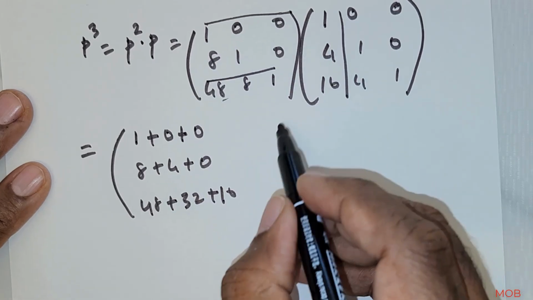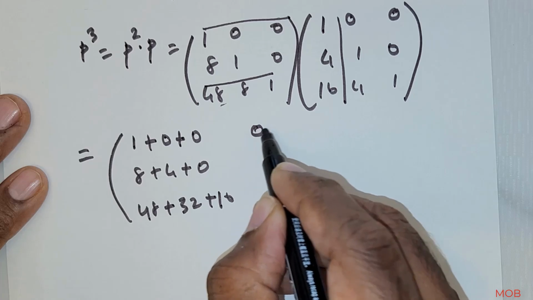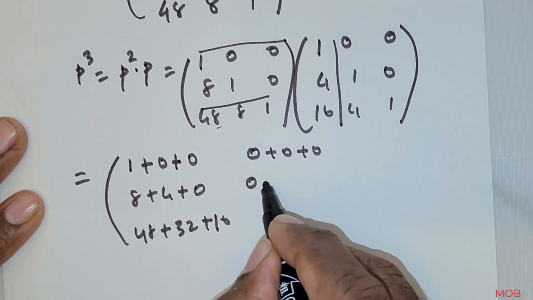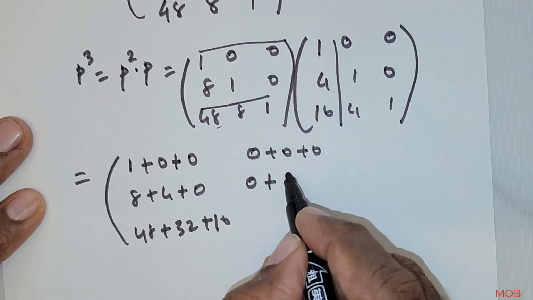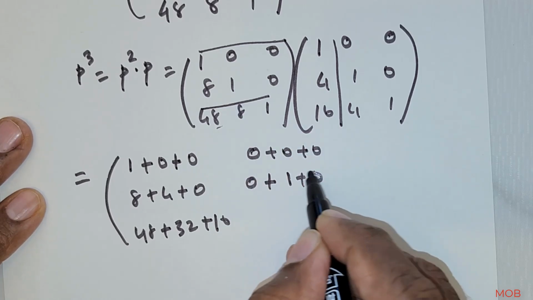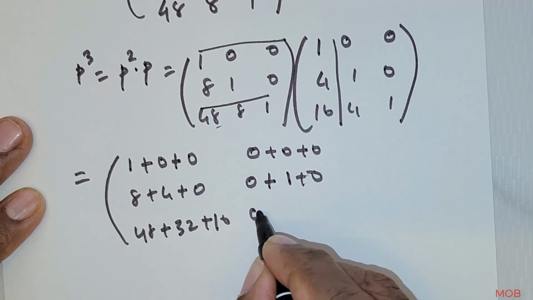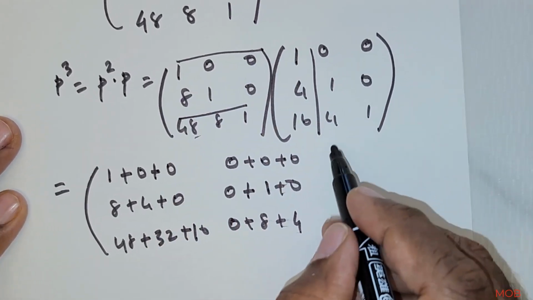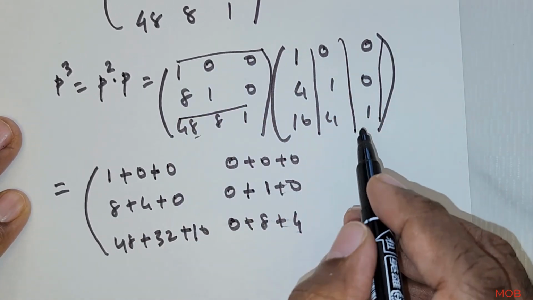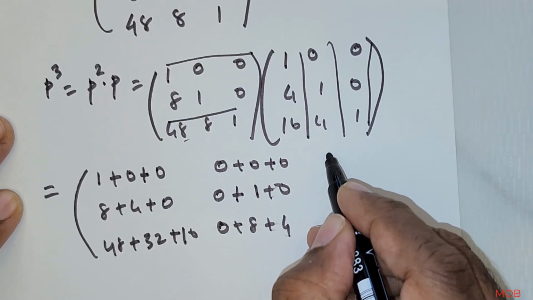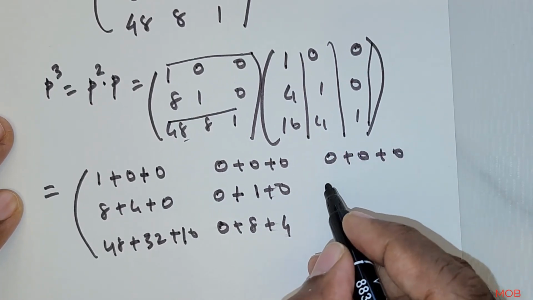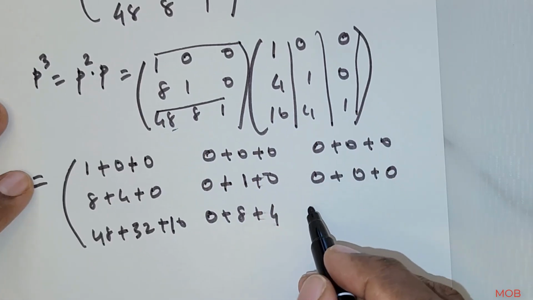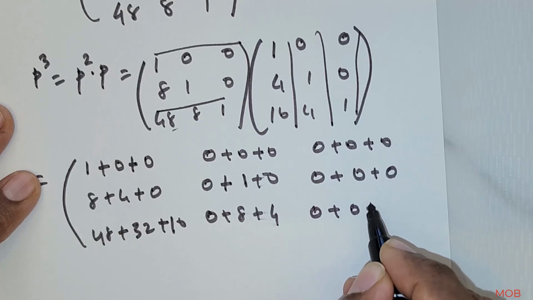And now the row with the column is going to be 0 0 0. Row with the column 0 plus 1 plus 0. Row with the column 0, 8 and 4. First row with this column. So this is going to be 0 0 0. Row with the column, you get 0 0 and 1.